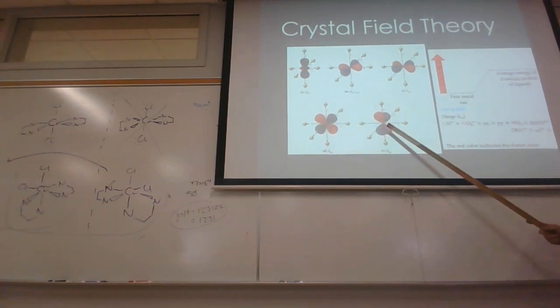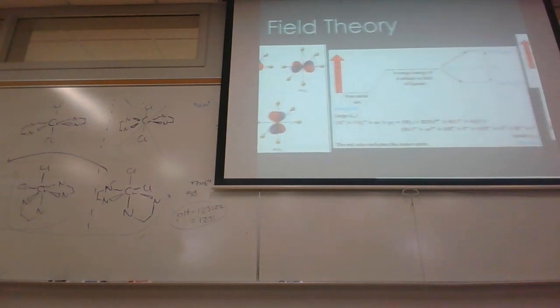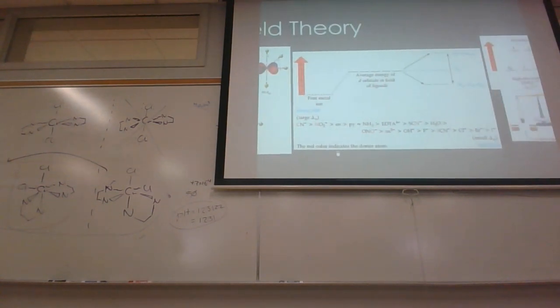It's hard to see. They're coming in between the lobes. And so that's going to lead to uneven interactions between the ligands and the d orbitals. And we call this crystal field splitting here.